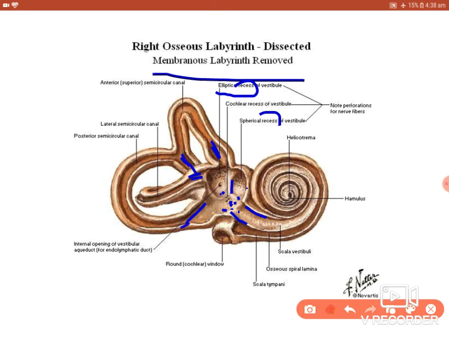Then behind the vestibular crest, in the elliptical recess, there is an internal opening of the vestibular aqueduct, which transmits the ductus endolymphaticus, the tubular extension of the membranous labyrinth.